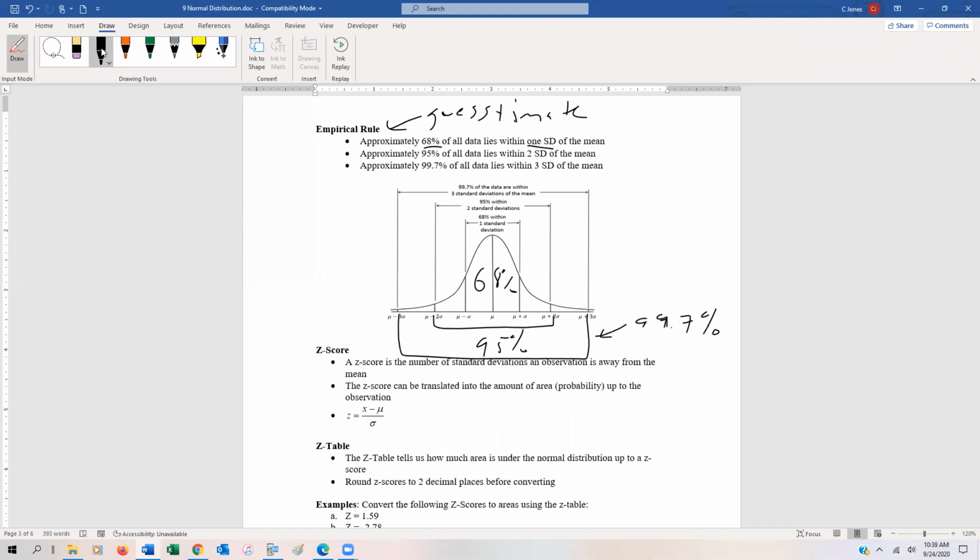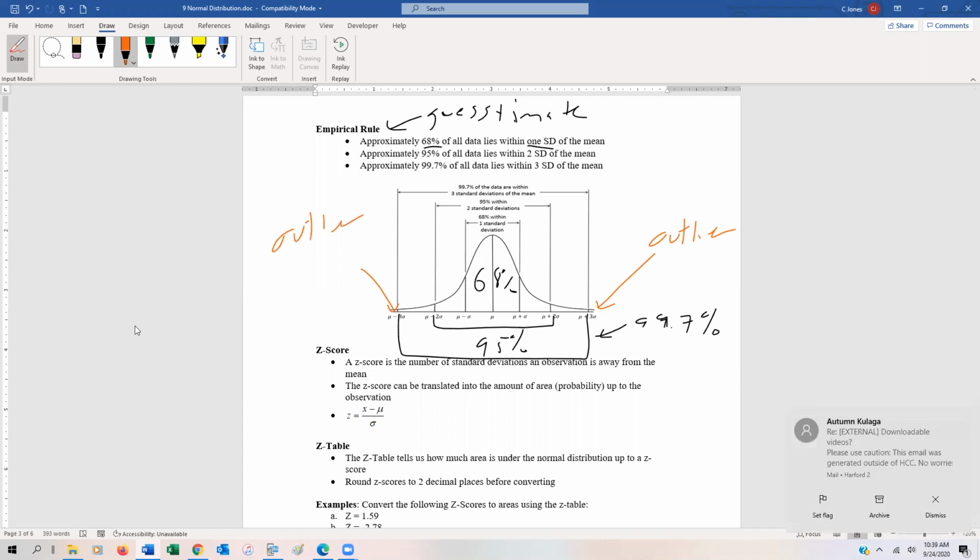Remember what we said, anything past 3 standard deviations is an outlier. That makes sense because there's only 0.3% on both sides, so the likelihood that that could occur is very small.